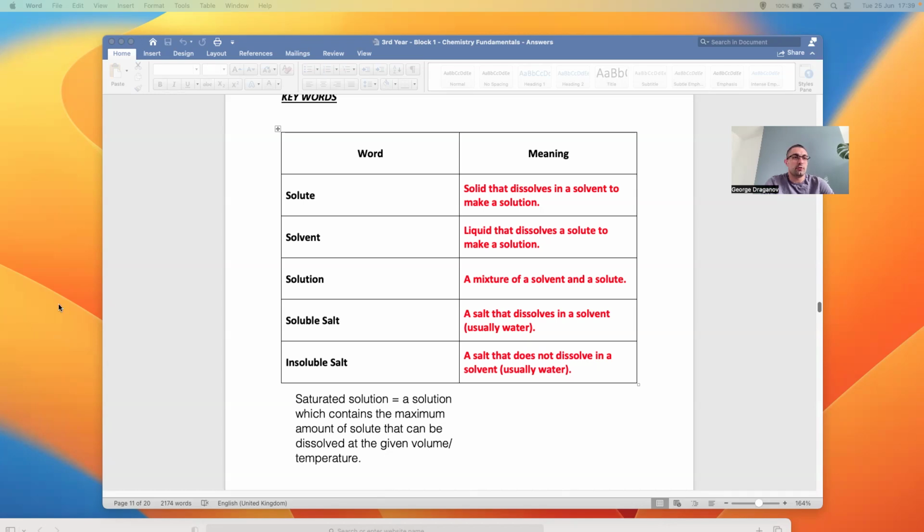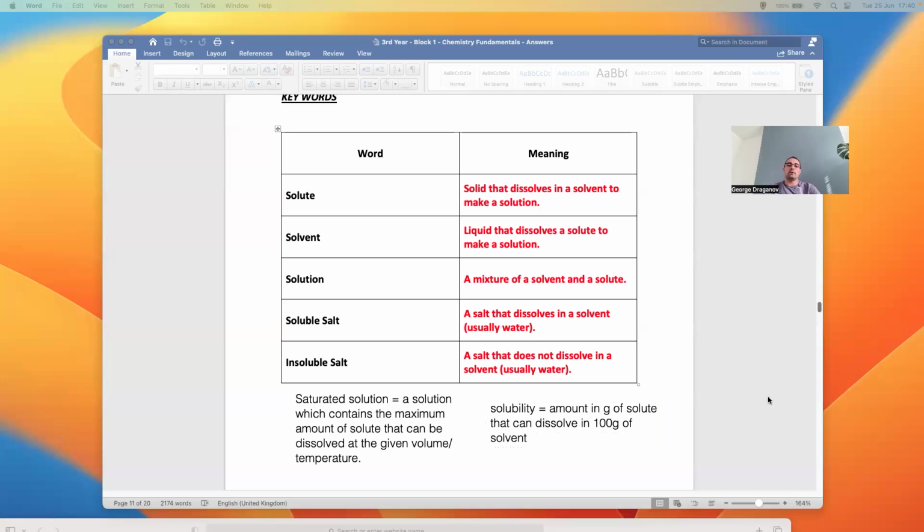With these basic definitions out of the way, we do need to look at one more, and that is what the word solubility actually means. It's stated in your syllabus in bold. Solubility is the amount in grams of solute that can dissolve in 100 grams of solvent.